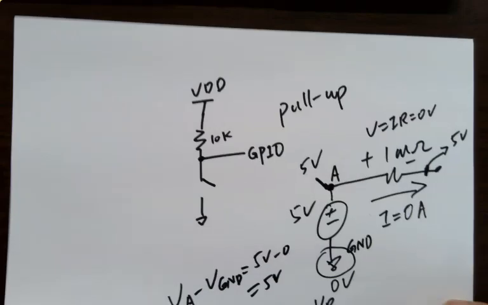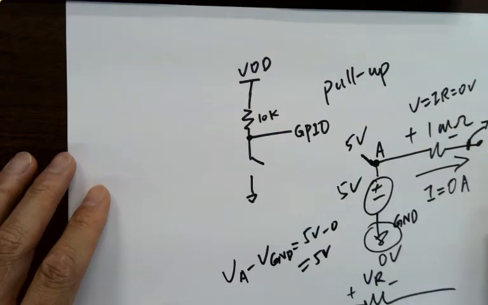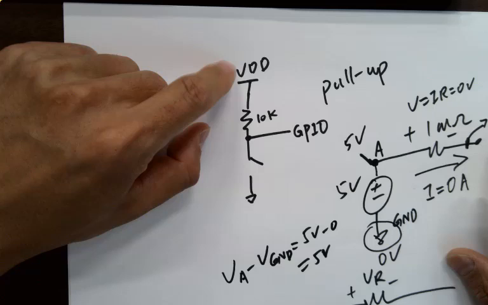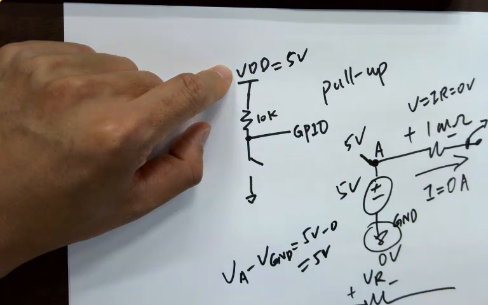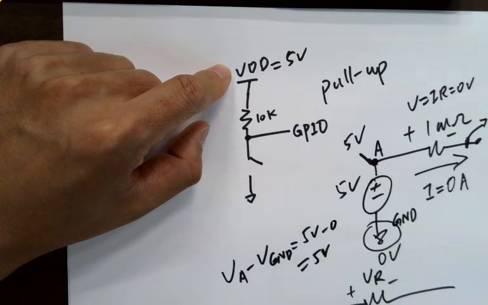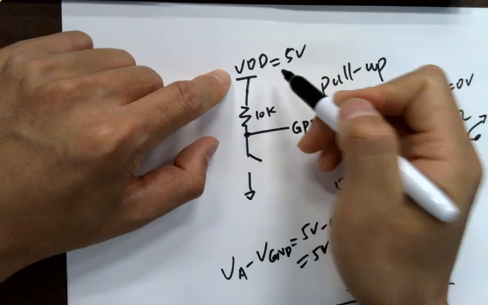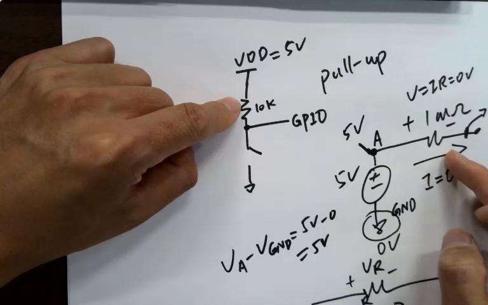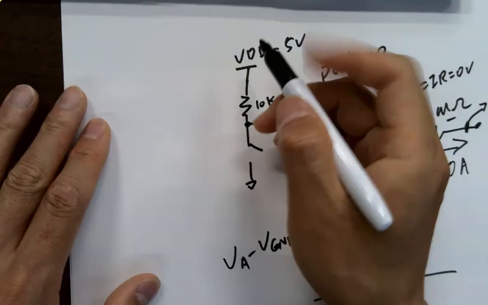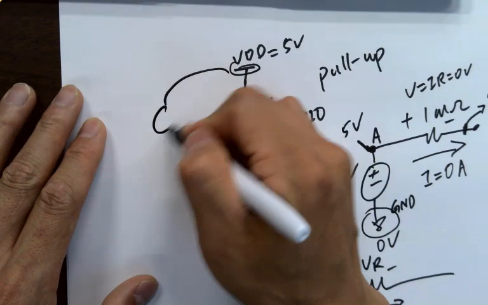Cool. All right, let's come back to this problem. What's the voltage of VDD usually in the digital system? Let's say 5 volts. I think, actually I forgot, I mean the modern system is probably 3.3 volts instead of 5. Anyway, let's say 5 volts. Same situation, same circuit. So this little bar here is the power supply. I just drew it like a battery.